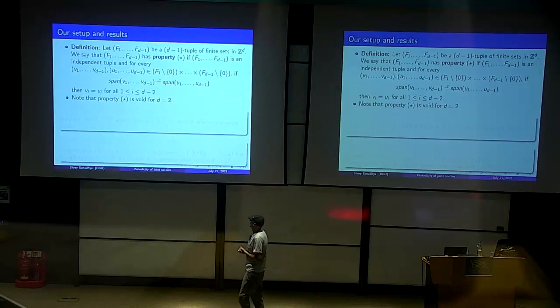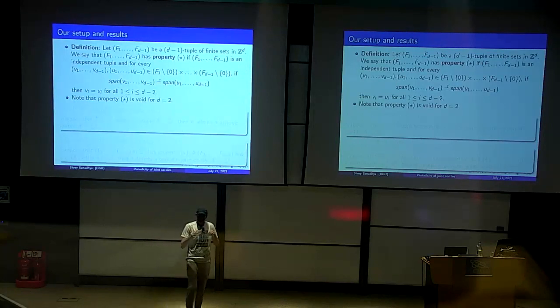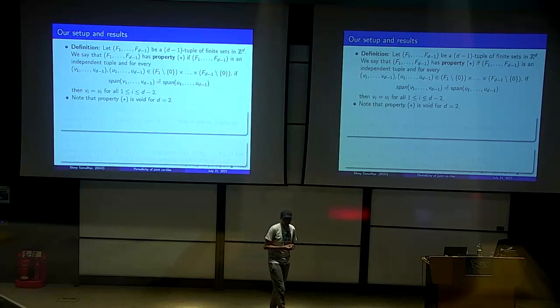By almost I mean: if the spans of the U's and V's are equal, then Ui is equal to Vi for all i up to D minus 2. We allow U(D minus 1) and V(D minus 1) to be not equal. So it's a weaker condition than hyperplane independence.